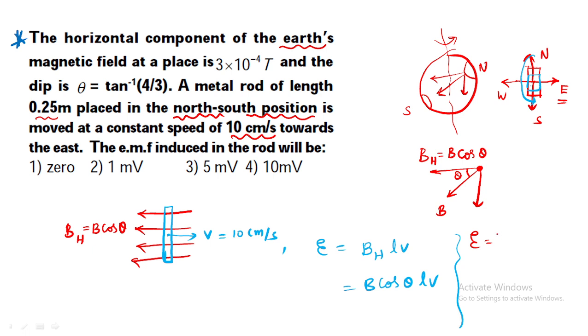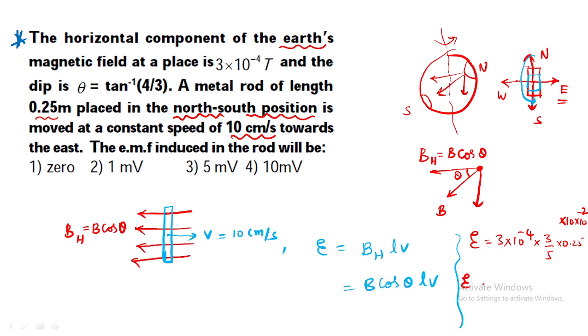Here B is 3 into 10 power minus 4. Cos theta will be 3 by 5. Yes or no? Then the L value is 0.25. What about the V value? 10 into 10 power minus 2. Now give me the answer.